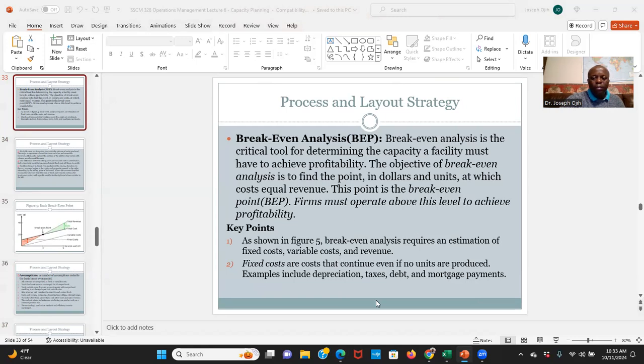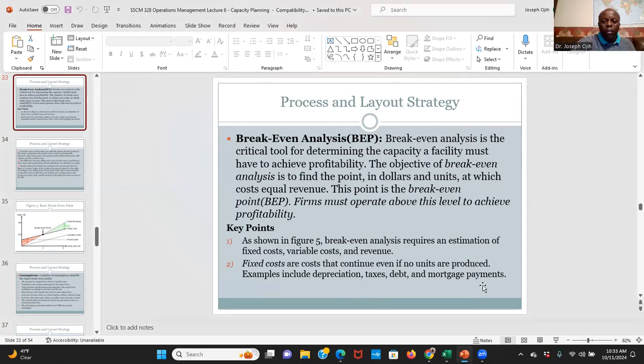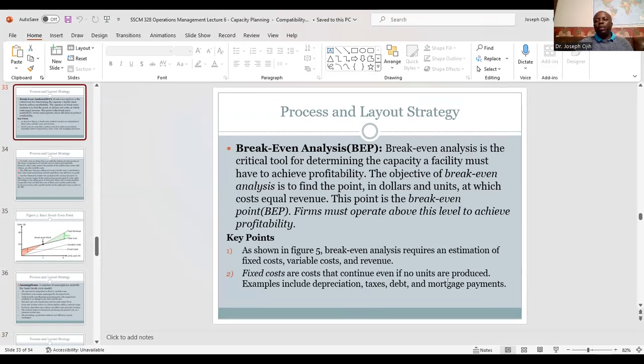So let's see, what is break-even point anyway? Break-even point simply means the point that a company or an organization will reach. From that point onward, they start making profit. So it is a point, which can be in dollars or in units, at which cost equals revenue.